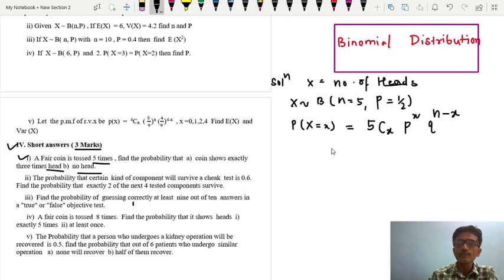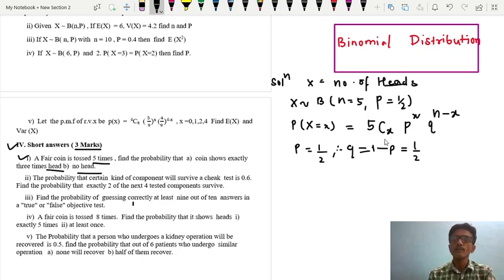What is our n? n is equal to 5, and as the probability of success p is 1 by 2, the probability of failure q, which is 1 minus p, is also 1 by 2.